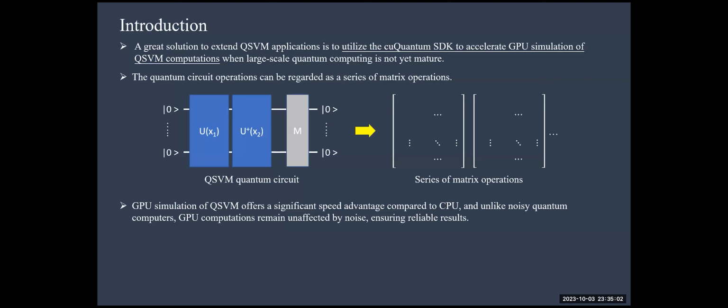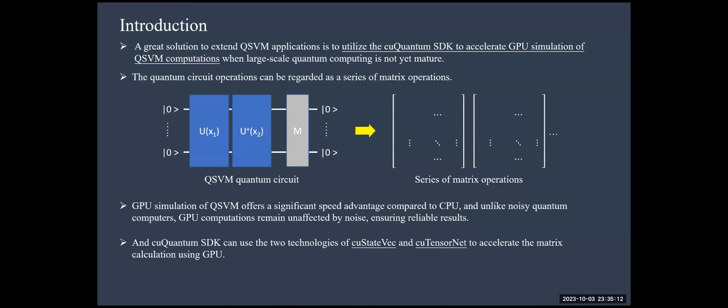In addition, NVIDIA has developed the cuQuantum SDK, designed for accelerating and optimizing GPU simulation of quantum computing. The cuQuantum SDK can be integrated with popular quantum computing frameworks like Qiskit, allowing users to use it without a complex installation process.